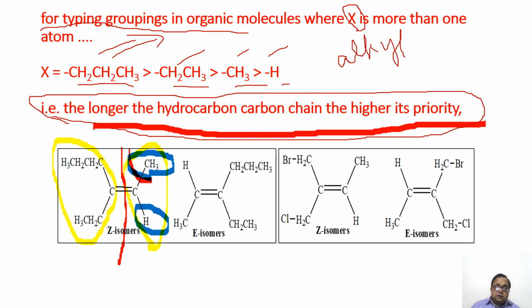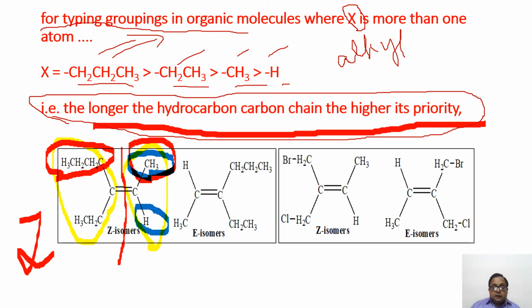Absolutely it is methyl. In the second carbon, the propyl group is having the priority. Now since both the priority groups are on the same side, this isomer is called Z, and here both the priority groups, methyl as well as propyl, are on the opposite side, so it is having the E configuration.